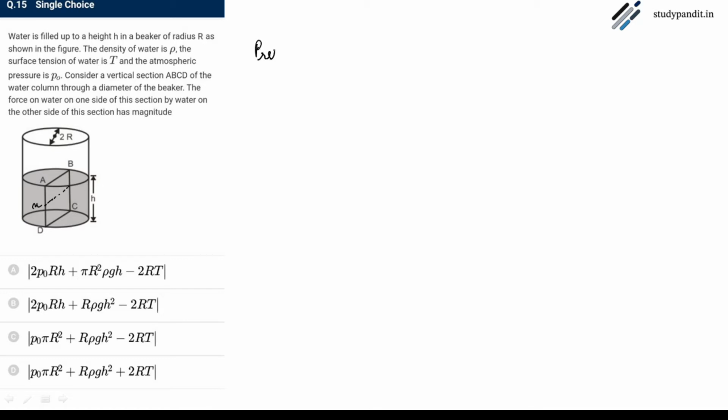Pressure at depth x below the surface equals P naught, the atmospheric pressure, plus rho g, what is the height? x.